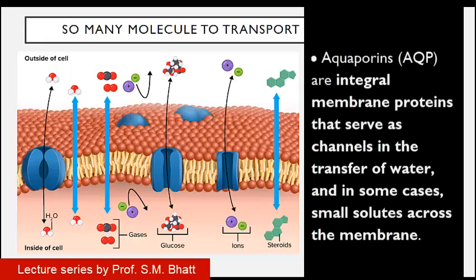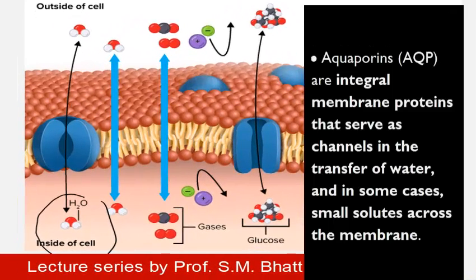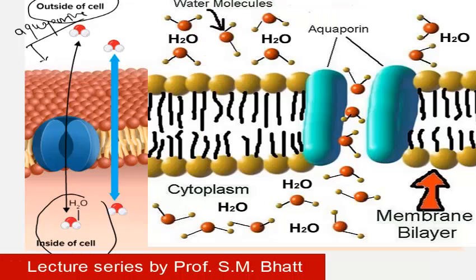Various molecules need to be transported. For example, water going from inside to outside requires a special class of channel protein called aquaporins. Do you know about aquaporins? Porins, P-O-R-I-N-S.